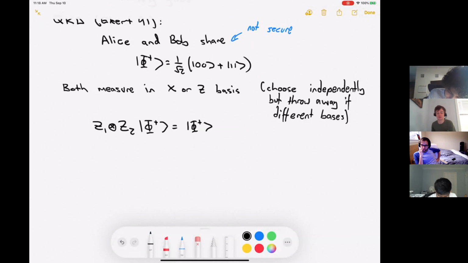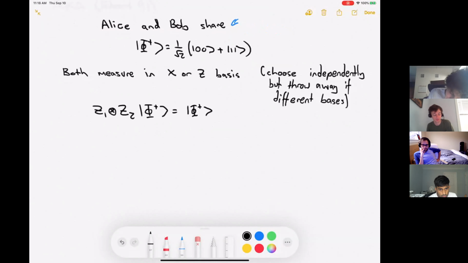Each of the Zs gives a -1 phase to the 1, 1 term, but those just multiply to 1, so you have the same state. So that means the product of the two measurement outcomes is always equal to 1.